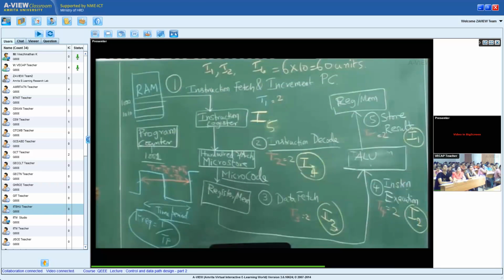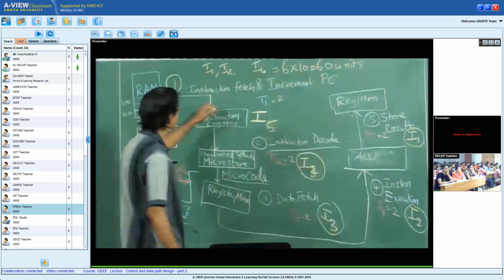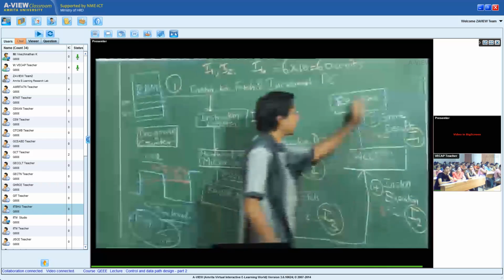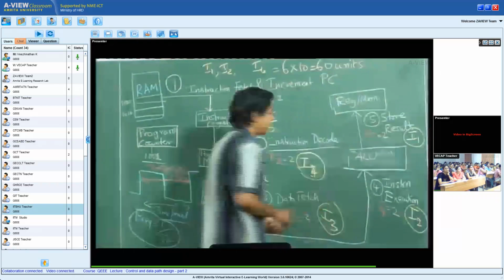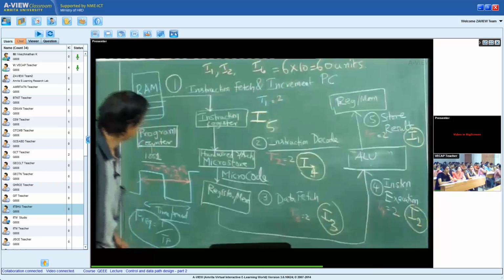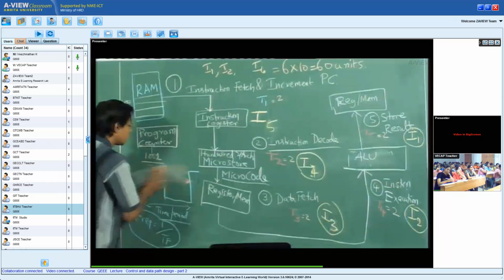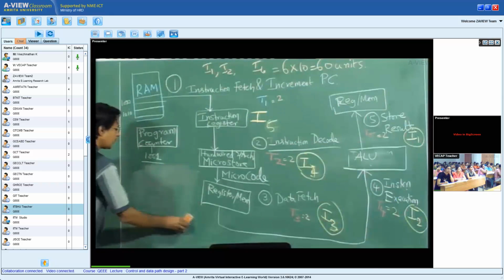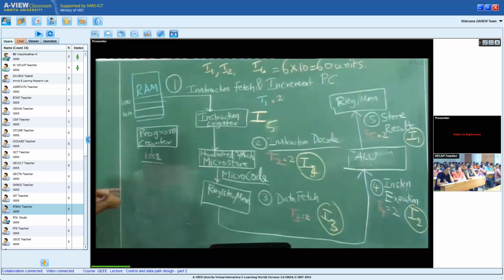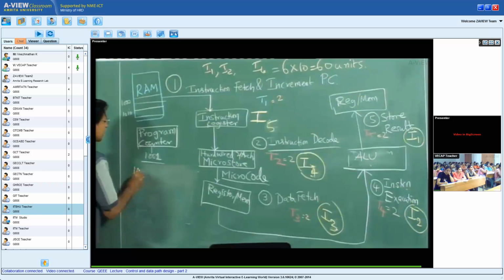Right. So how much time has elapsed? I1 has passed from this stage to this stage, so totally 10 units have elapsed. So at the end of 10 units, you are going to get I1.